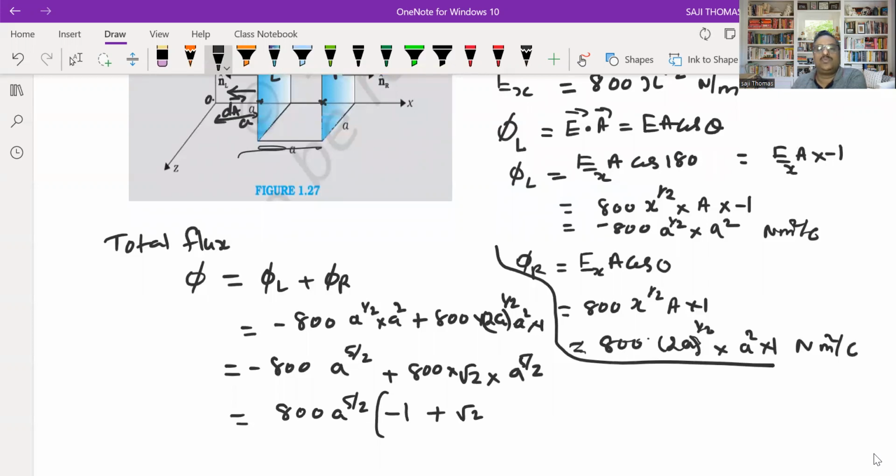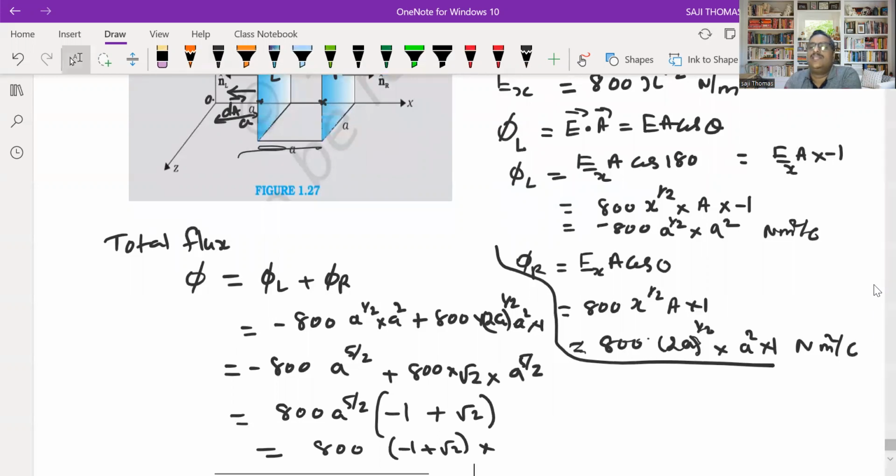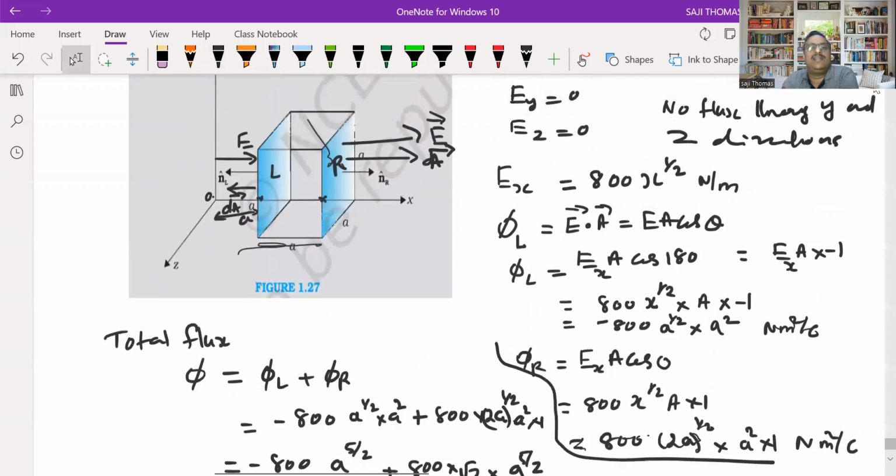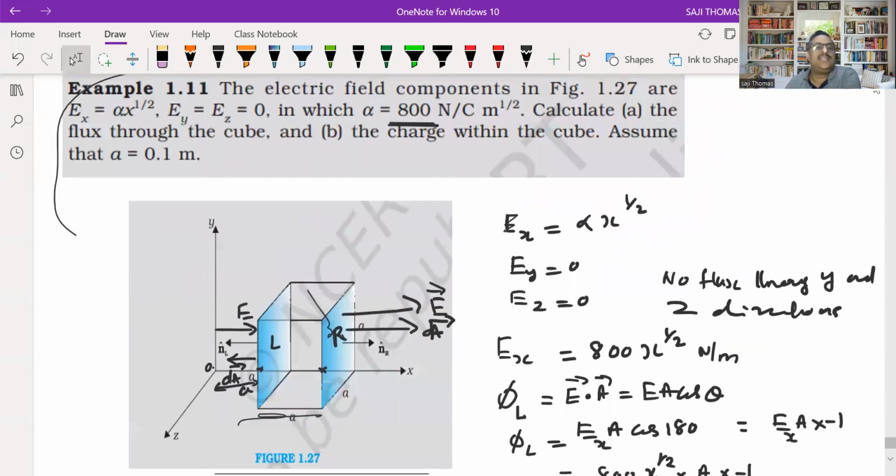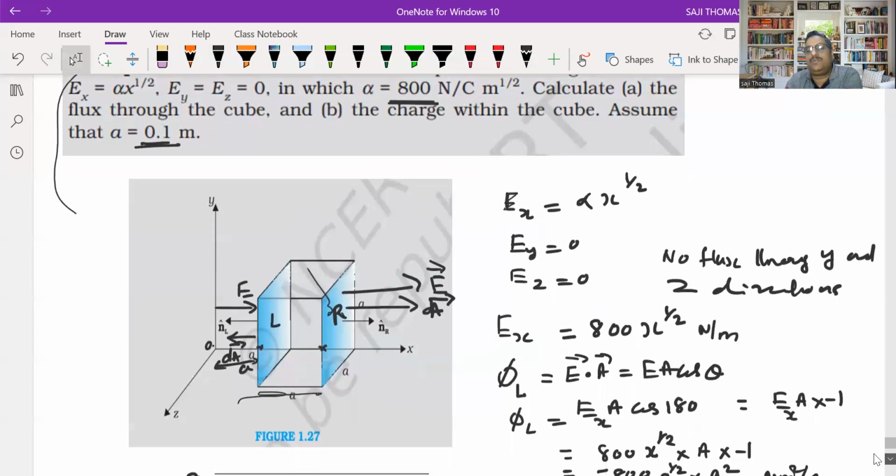So the answer is 800 into minus 1 plus root 2, into A raised to 5 by 2. A is given in the last part of the question: A is 0.1. So you put A as 0.1.